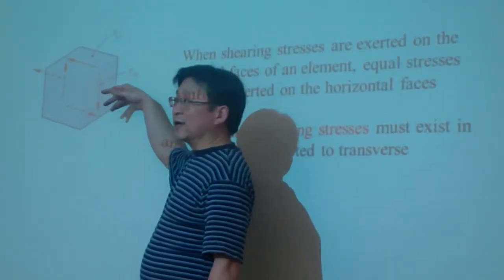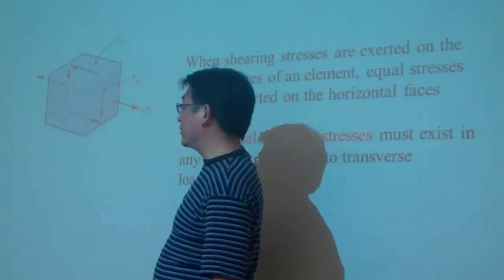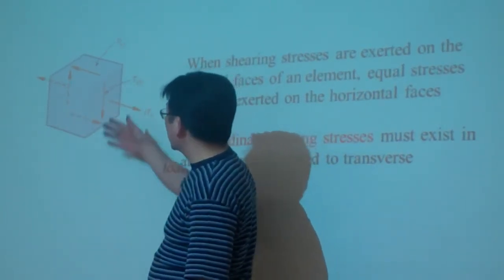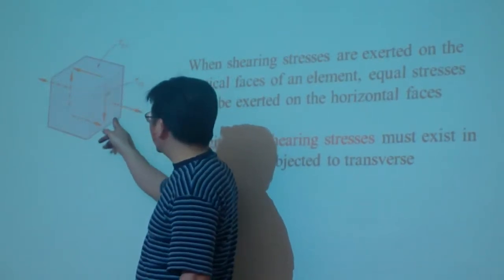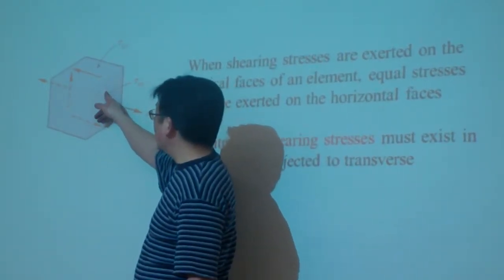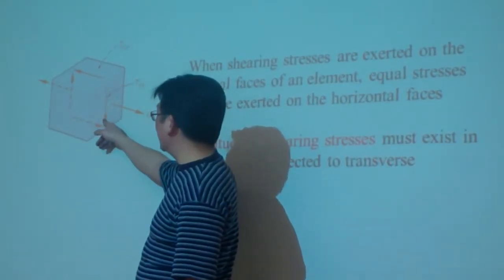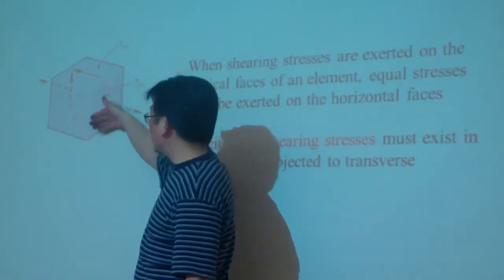You just listen, okay, and right now I will write on the blackboard for you to take notes. This side represents a portion of the whole cross-section. We have identified that there should be shear stress on the cross-section.